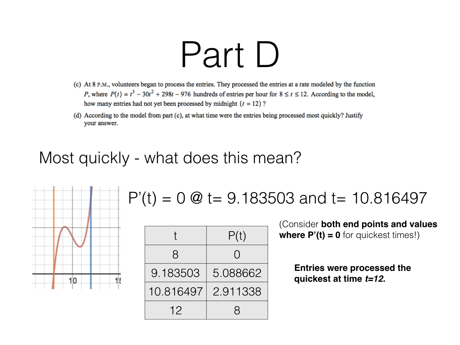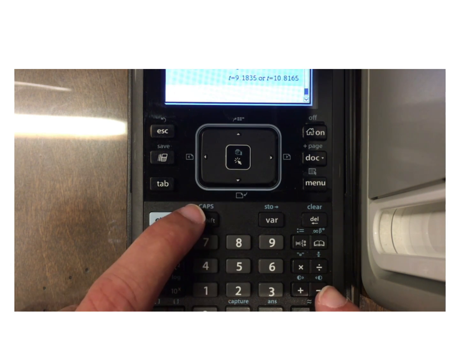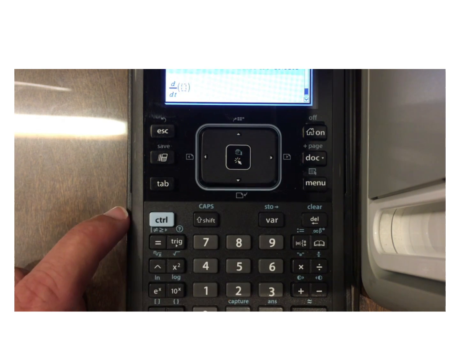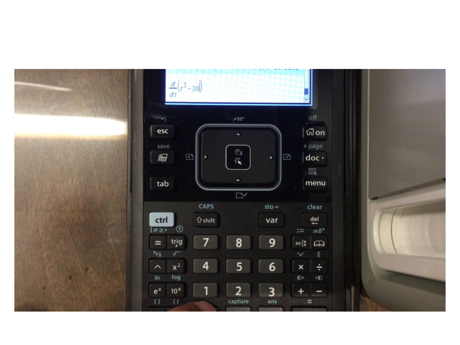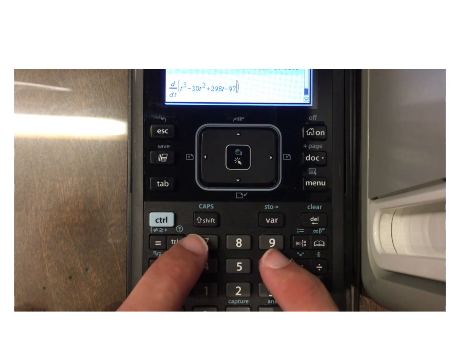Well, you know when the derivative is equal to 0, that's when there are those possibilities where there could be an absolute max. So we're going to set our derivative equal to 0. All right, so once we've determined we want to set the derivative equal to 0, we're going to use our calculator here, press Shift minus for the TI Inspire, d over dt, put in p of t, which is t cubed minus 30t squared plus 298t minus 976.